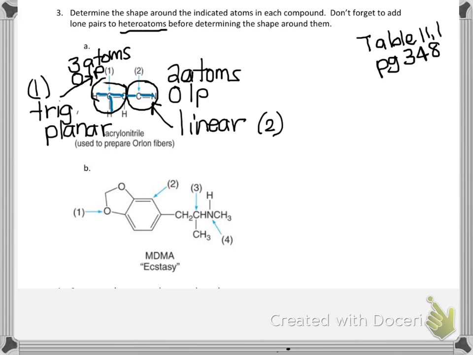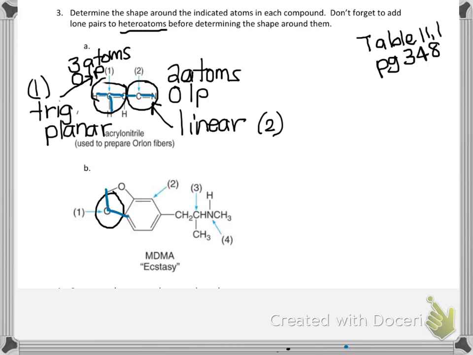Okay, so let's take a look at the next one. Looking right here at number 1, it's attached to 2 atoms. Now, what did I do wrong? There's 2 atoms, but I did not follow my own recommendation, and that's put in lone pairs.